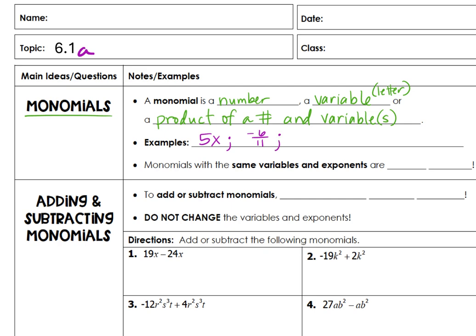Can anyone make it a little fancier maybe? Or just give me a simple one. Okay, I'll give you another one and then see if you can give me another one. 9x squared y to the 7th is a monomial because we're multiplying numbers and variables together. Anyone think they can give me another one?